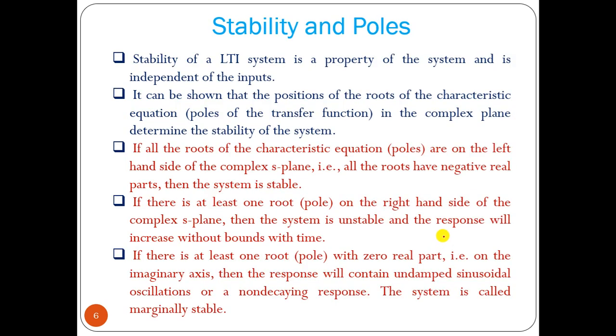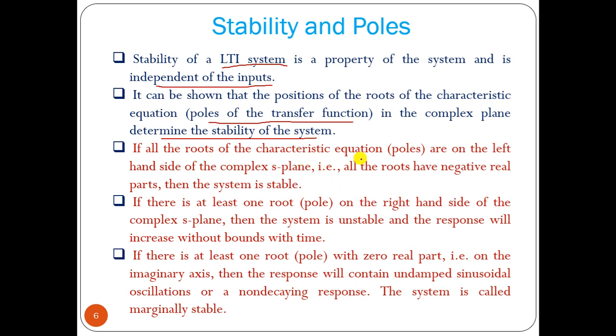Now, stability of a linear time invariant system is a property of the system and is independent of its input. It can be shown that the positions of the roots of the characteristic equation, that is the poles of the transfer function in the complex plane, determine the stability of the system.